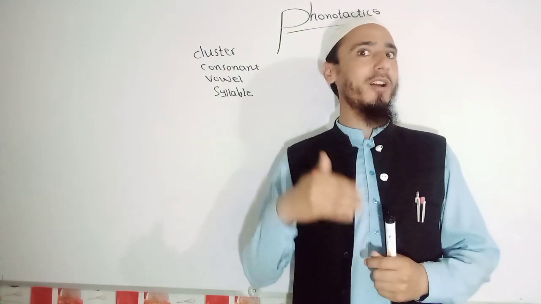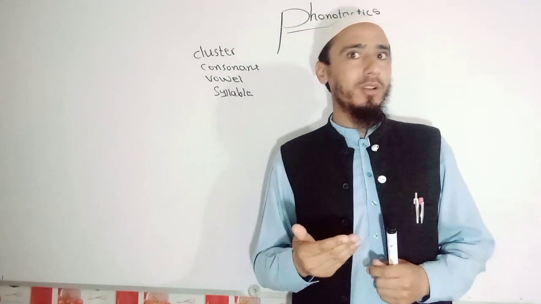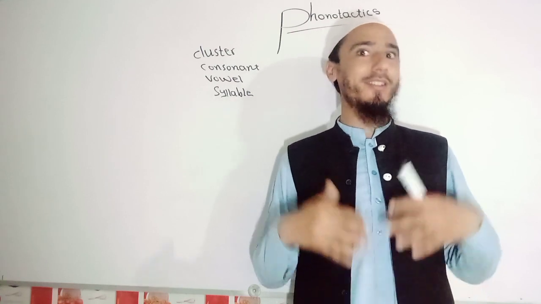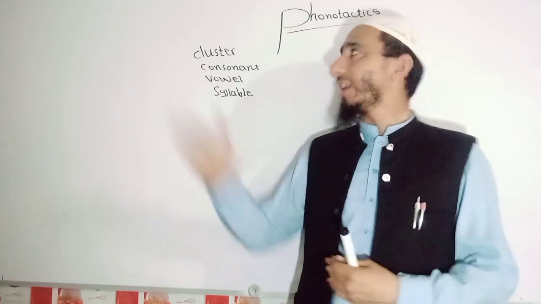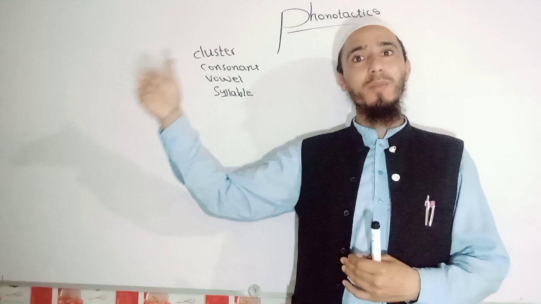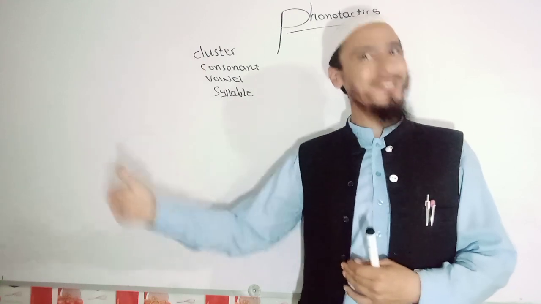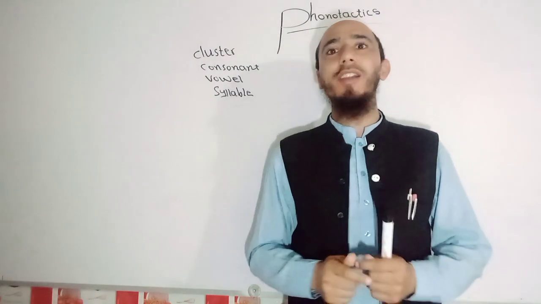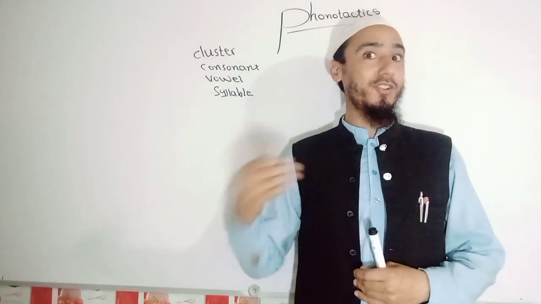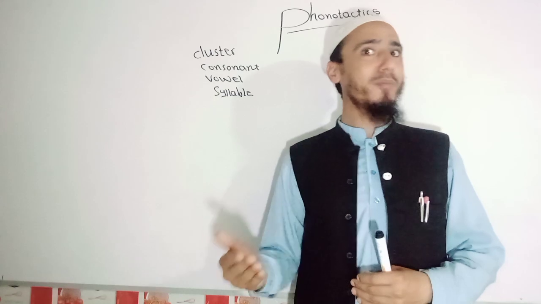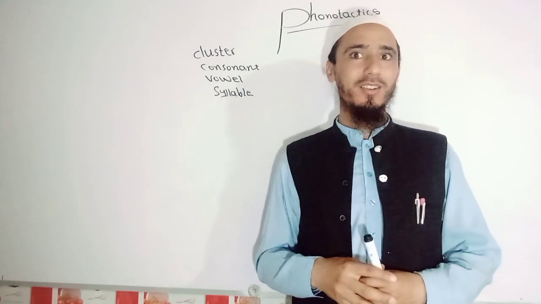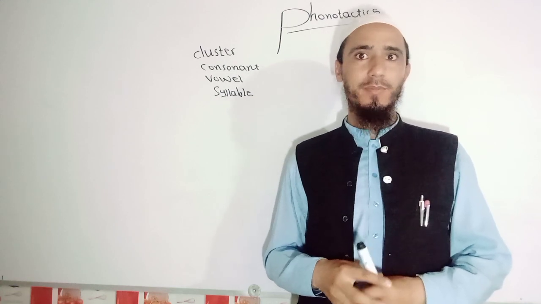We have clusters of two consonants, of three consonants, and of four consonants. The combination of two consonant sounds, we call a digraph. The combination of three consonant sounds, we call a trigraph.